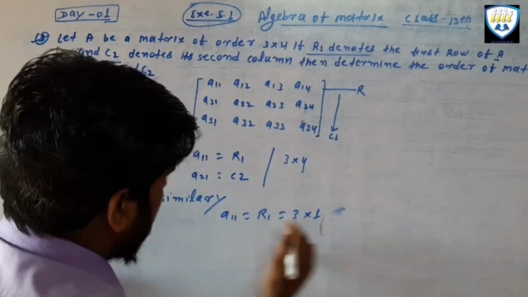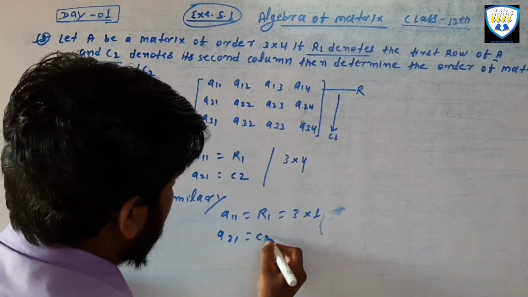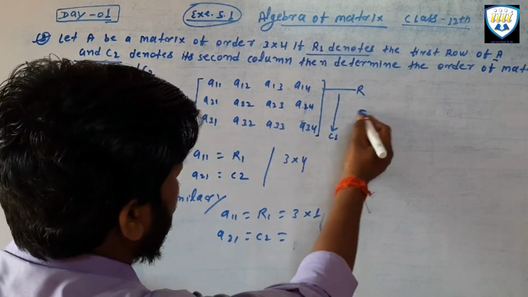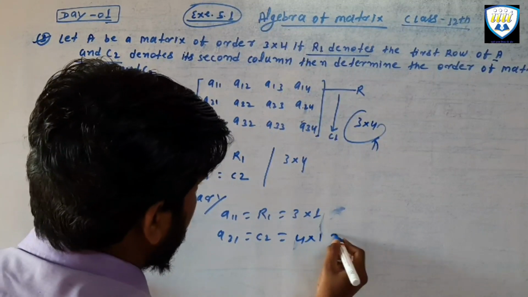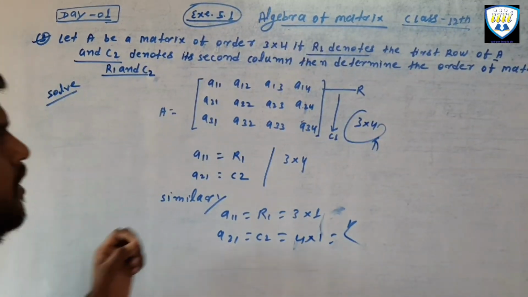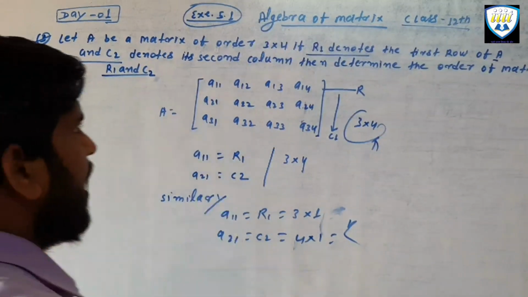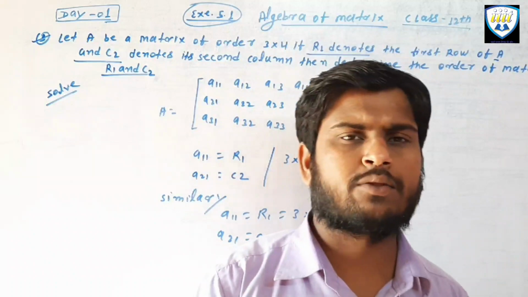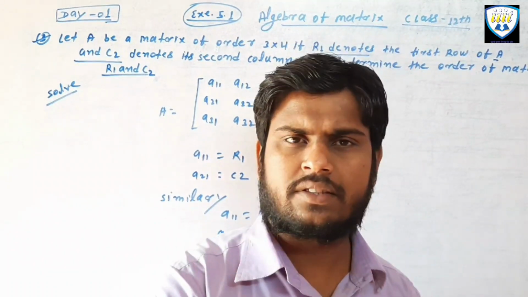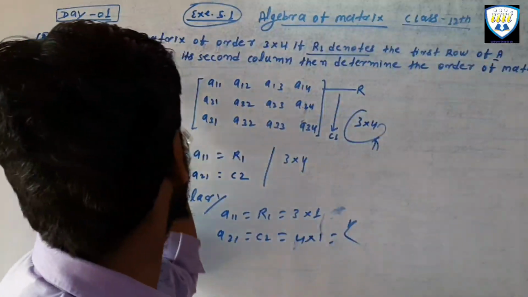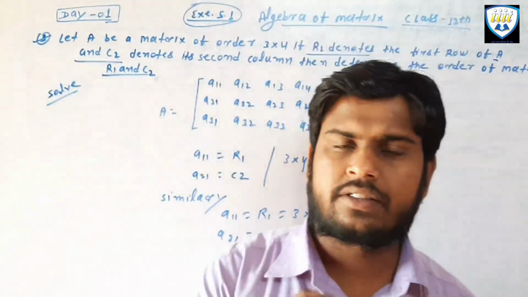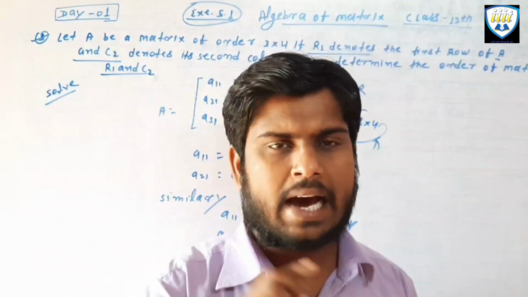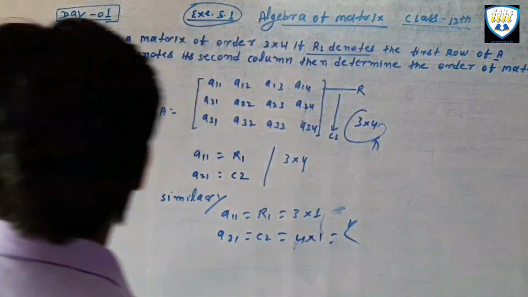So R1 has order 1 into 4 and C2 has order 3 into 1. Next, question 4.